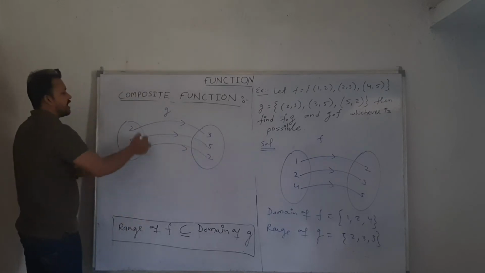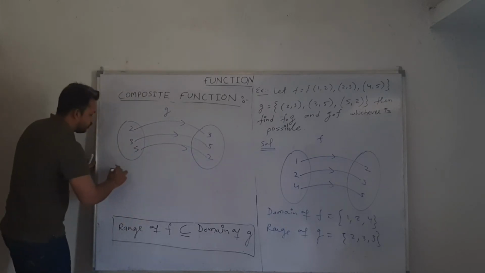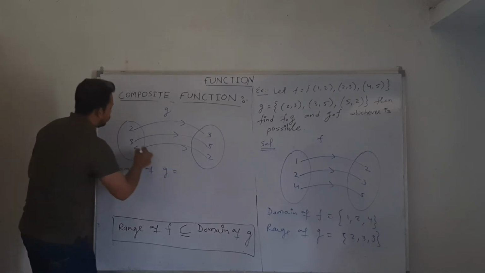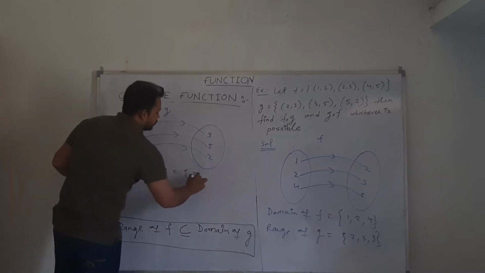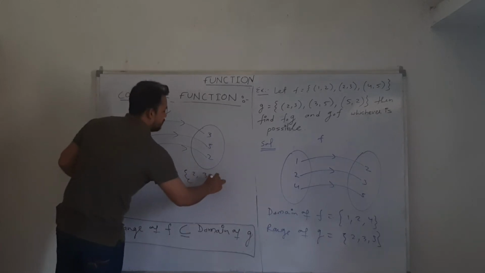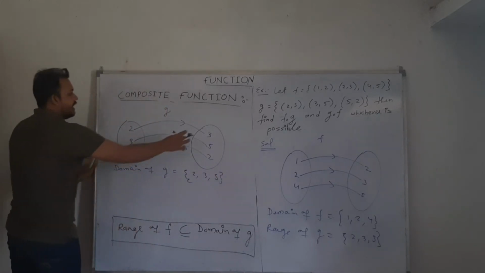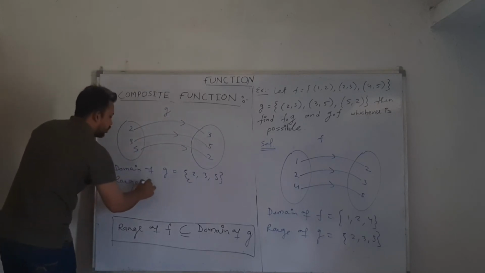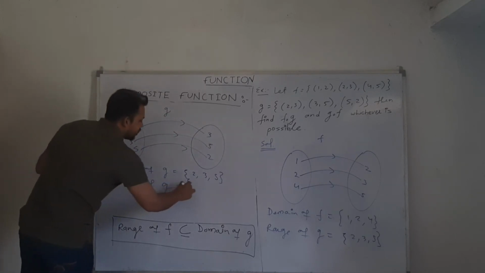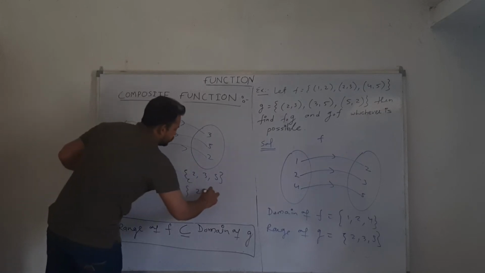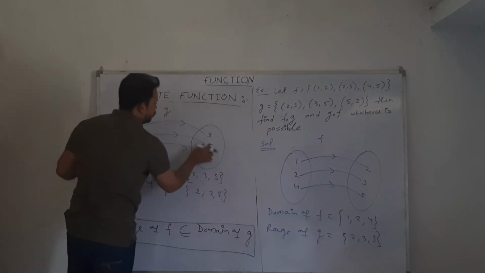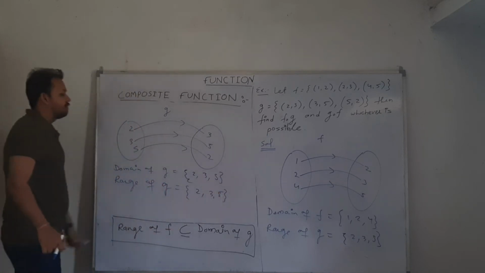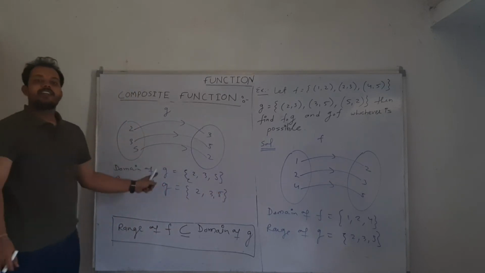So 2, 3, 5 are the domain of the function. So domain of g is equal to {2, 3, 5} and range of g is equal to {2, 3, 5} again. So here we have the domain and range of functions f and g.